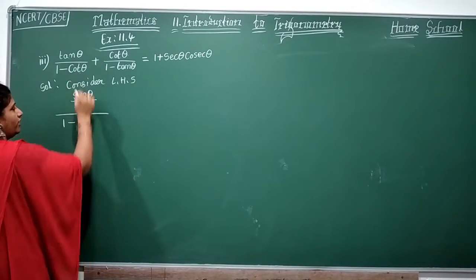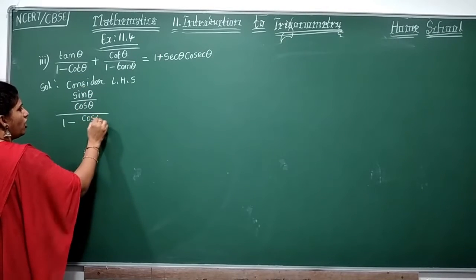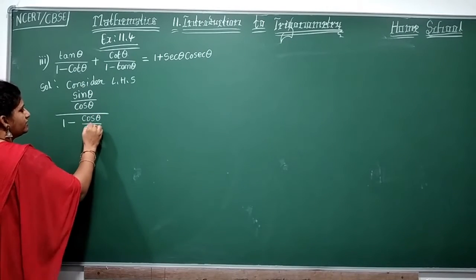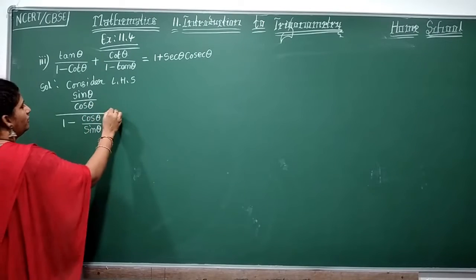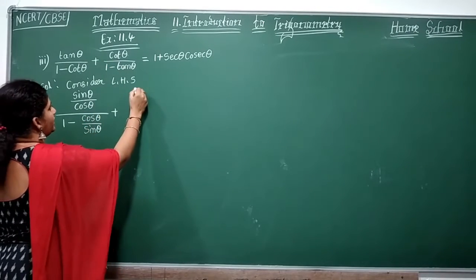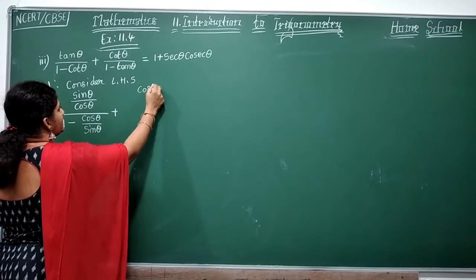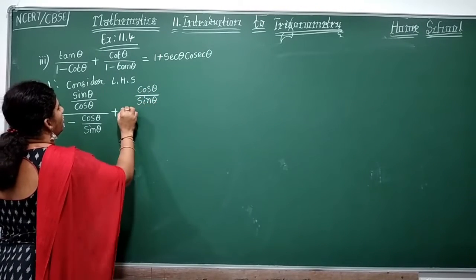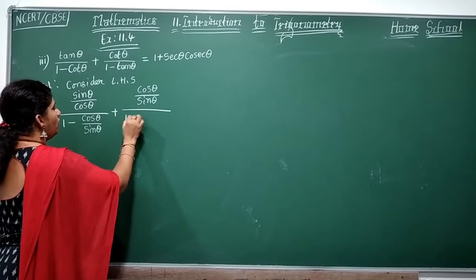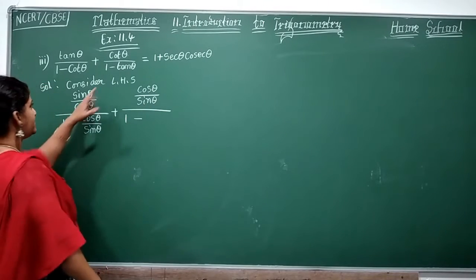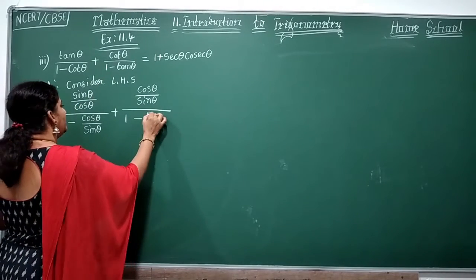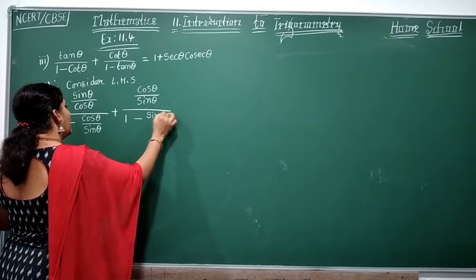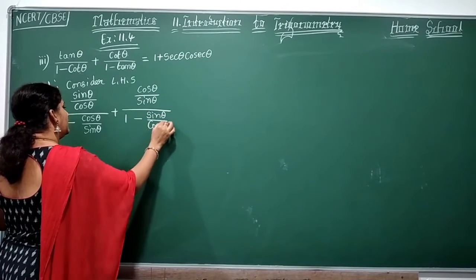1 minus cot theta is what? Cos theta by sin theta. Plus, what is cot theta here? Cos theta by sin theta, whole divided by 1 minus, what is here, tan theta? It will be sin theta by cos theta.